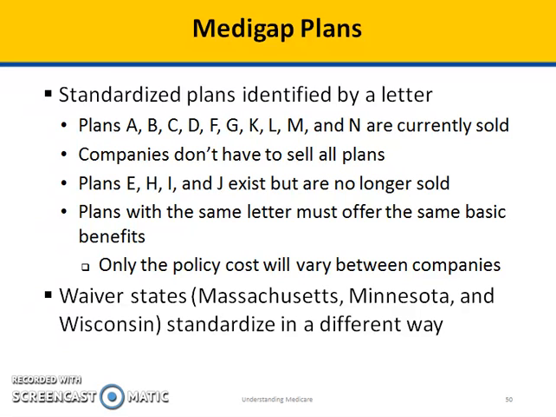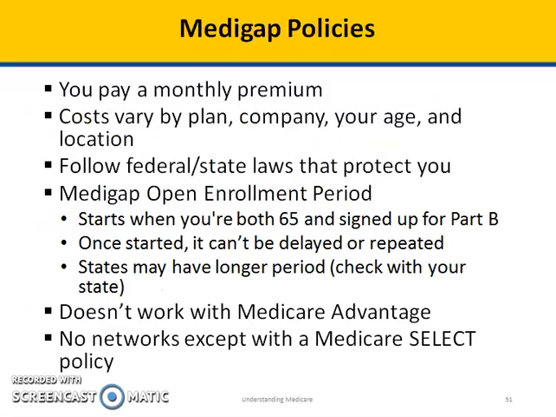These are called waiver states. So you pay a monthly premium for a Medigap policy to the insurance company that sells it. With a Medigap policy, cost can vary by plan, company, your age, and location. Right? They must follow federal and state laws that protect people with Medicare.